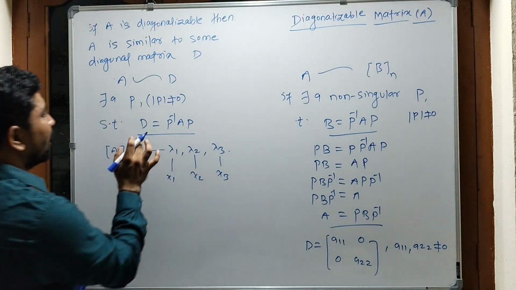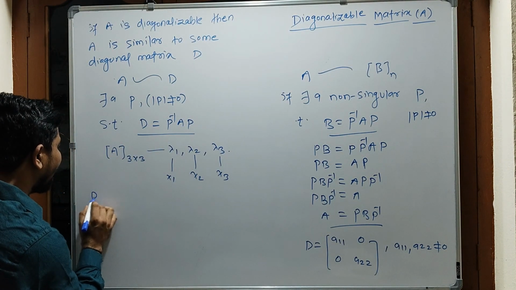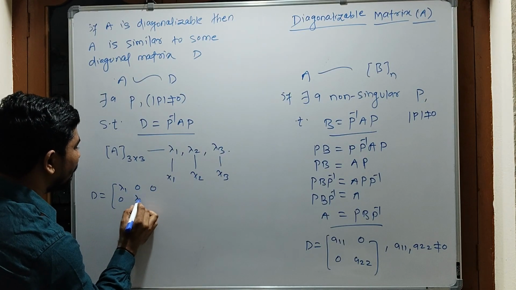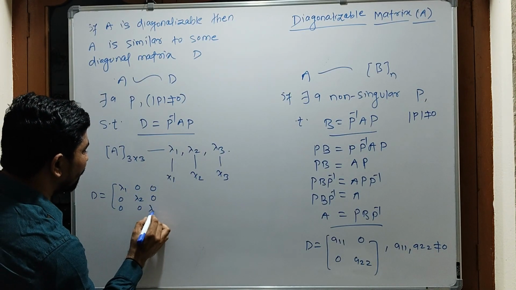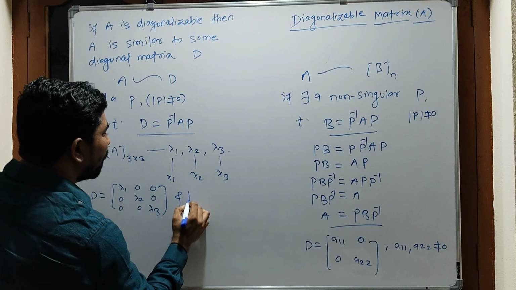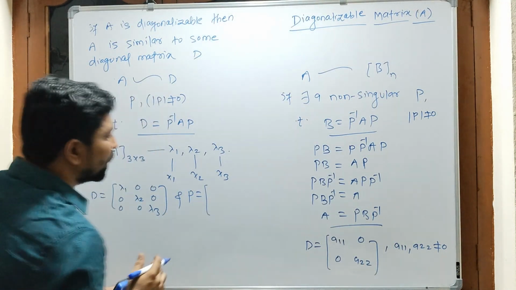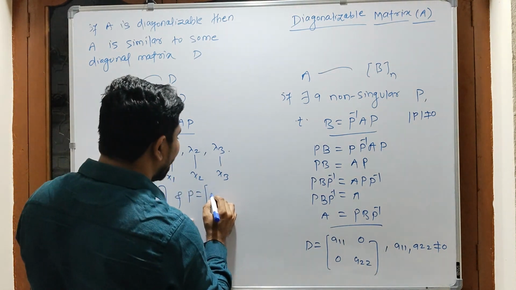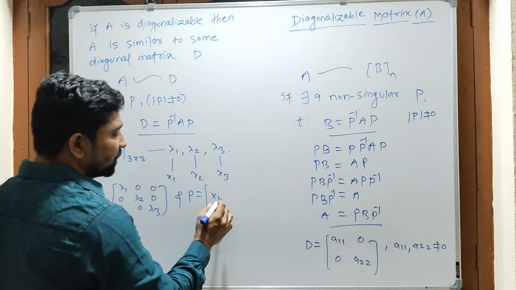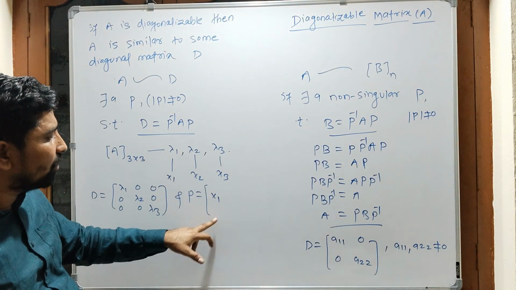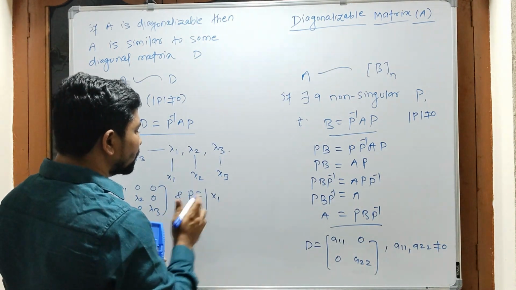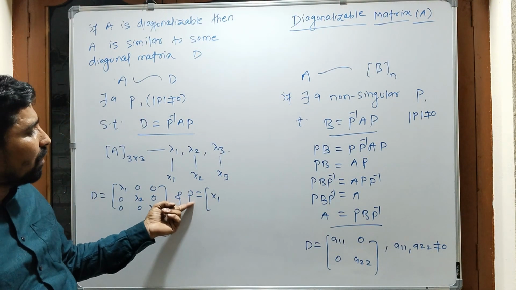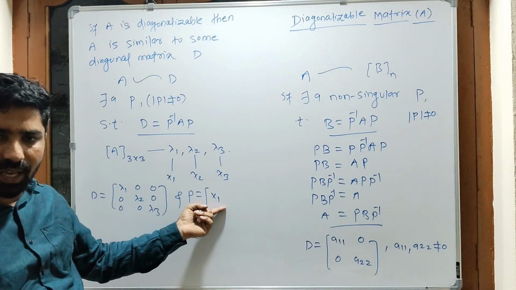So the elements of D are lambda 1, 0, 0; 0, lambda 2, 0; 0, 0, lambda 3, and the elements of P are the columns of P. The first column of matrix P is the first eigenvector, x1.